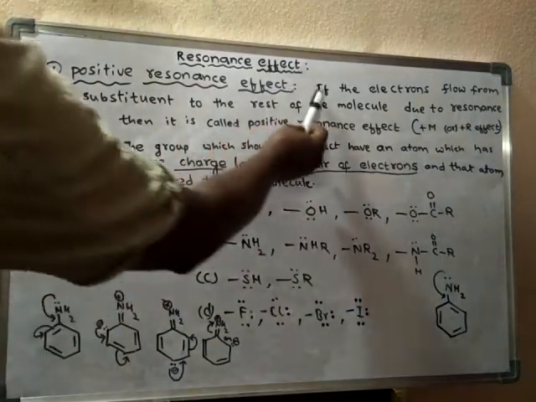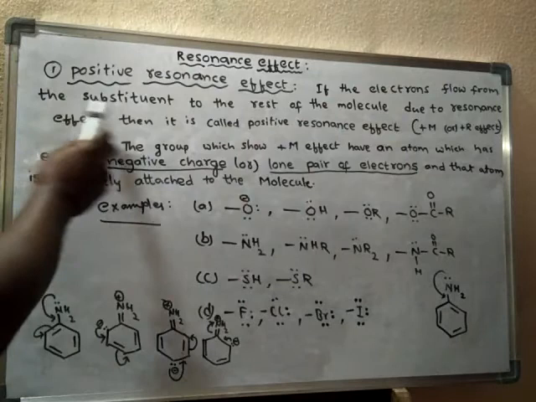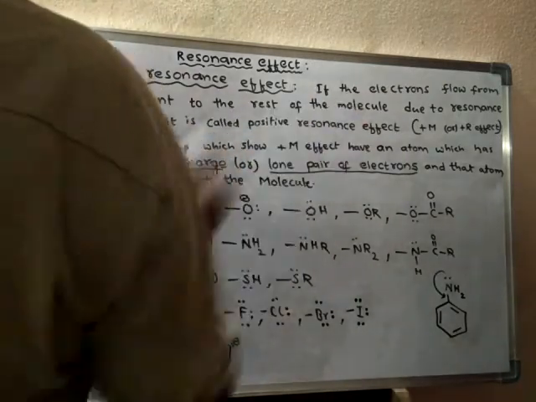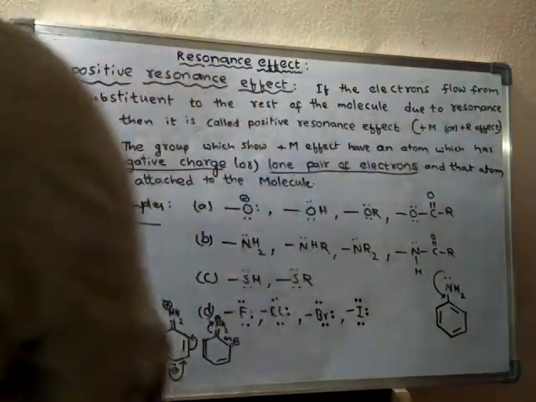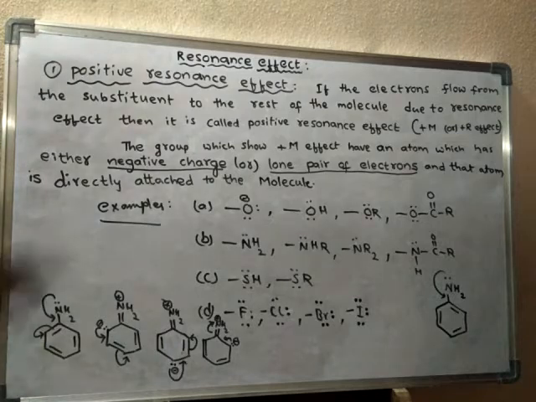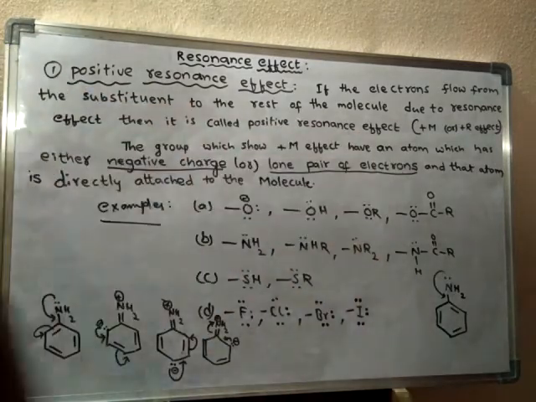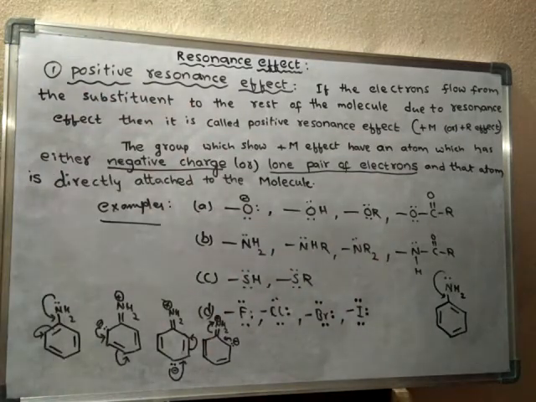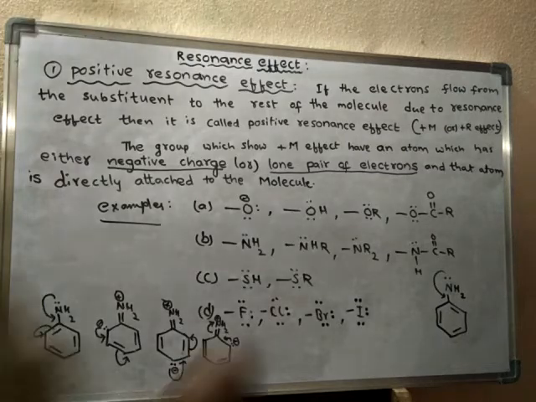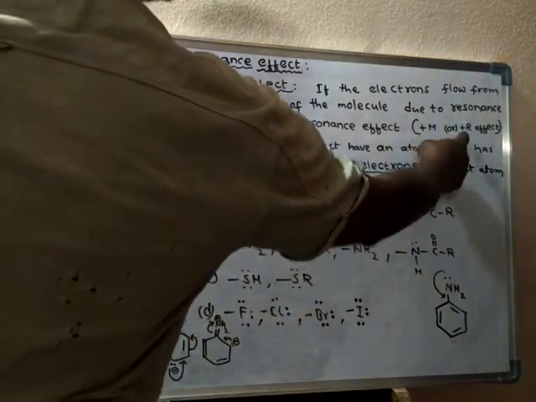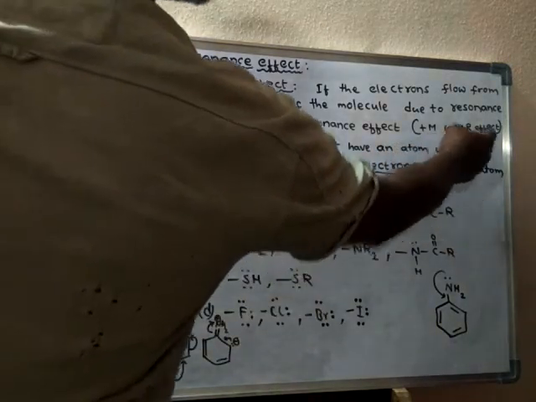If the electrons flow from the substituent to the rest of the molecule due to resonance effect, it is called positive resonance effect. It is denoted by plus M or plus R effect.